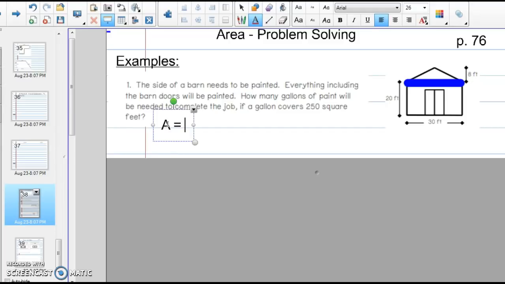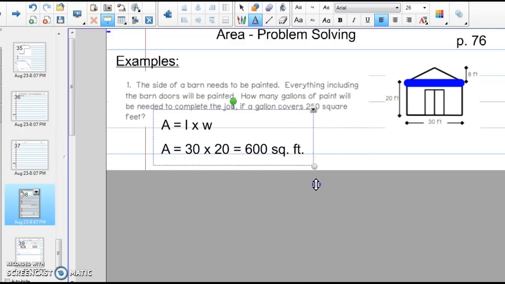The formula for the area of a rectangle is length times width. Make sure you're pausing this video and writing down your work. So let's look at just the rectangular part. The length is 30, the width is 20. So when you multiply 30 times 20, you get an area of 600 square feet for the rectangular part of the barn.